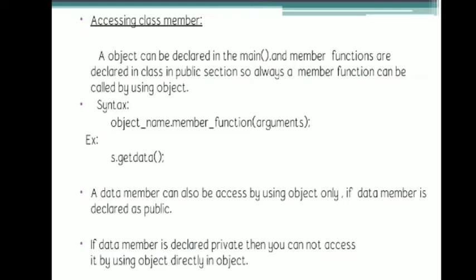So indirectly we can get the private members. The private members can be used within a public member, and this public member can be accessed through the object name. The private members cannot be accessed directly through the object. Only public members can be accessed through it.